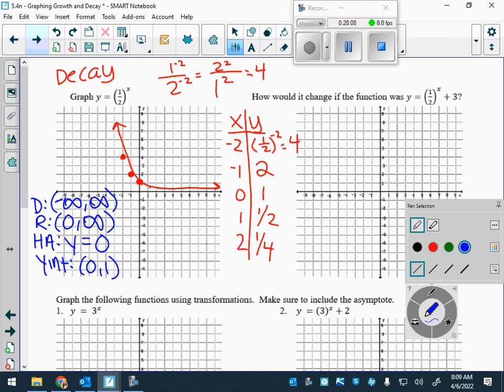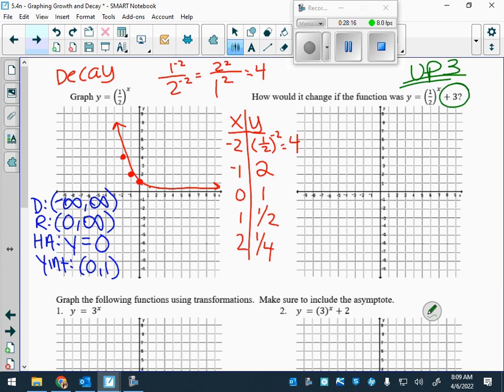Excellent. Okay. You are moving up 3 because it's outside. Okay? So what are changing? Your x or your y? Your y. So all of these values, what are we doing? Adding 3. So -2 what? 7.